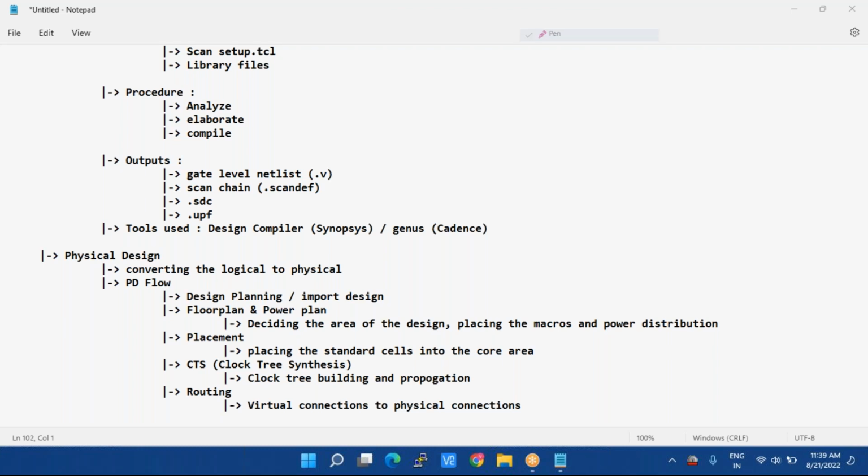So the first one is import design. Once all the required inputs for your design are loaded. So what inputs are required for us?